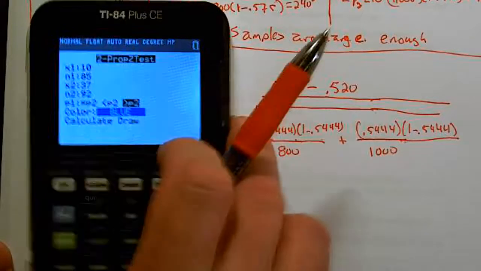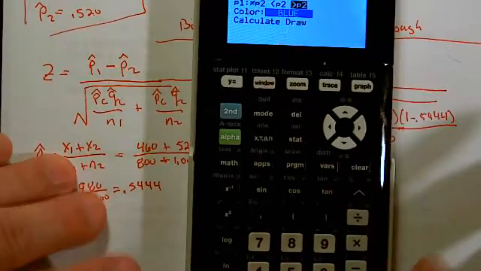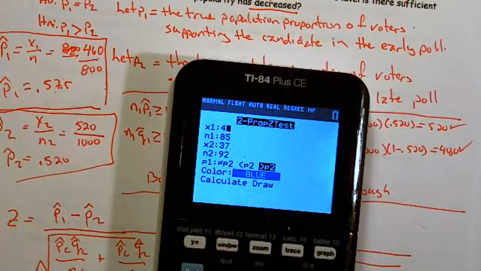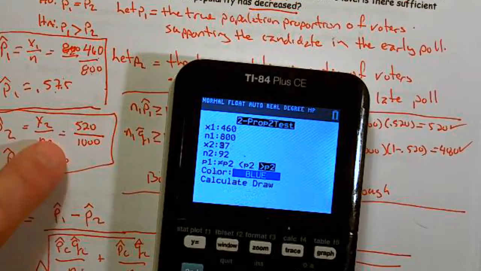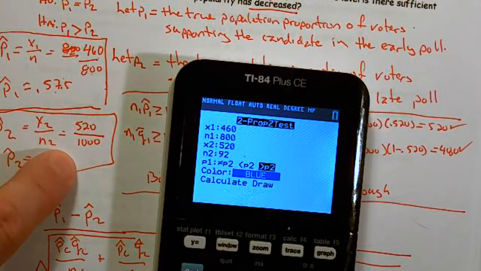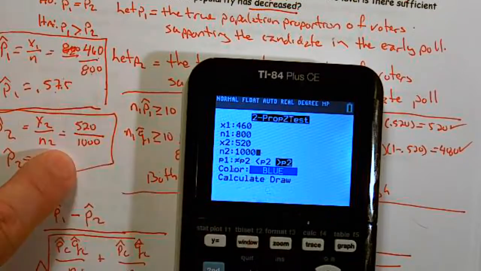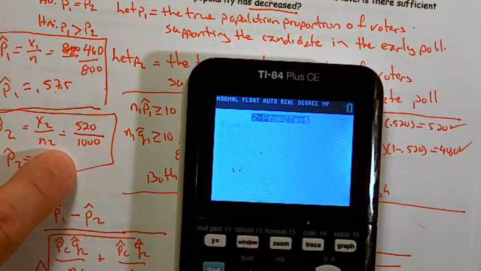And what did we plug in for? What was our x1? 460. Our n1, 800. Our x2, 520. Our n2, 1,000. And we used a less than symbol, so we need to make sure we have that in there.